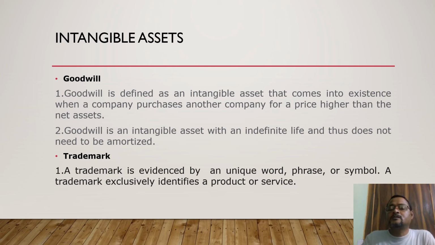For example, Morgan Stanley. If you go into a Morgan Stanley branch, you will be greeted by the symbol of Morgan Stanley. Apple Inc. has a half-eaten apple as a symbol. The half-eaten apple is the symbol representing the Apple Inc. trademark.